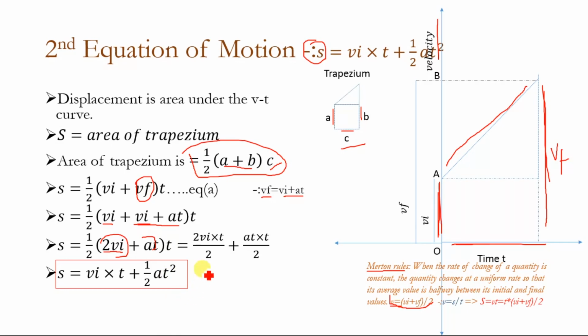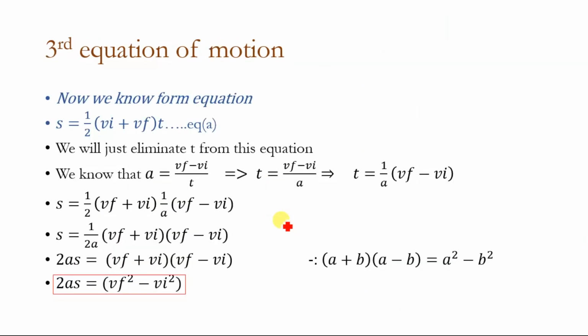Now keep this equation number A in mind. We will use this equation to derive the third equation of motion. We know that S is equal to 1 over 2 (Vi plus Vf) into t. This is equation number A, which we derived in the previous slide. We will eliminate t from this equation.